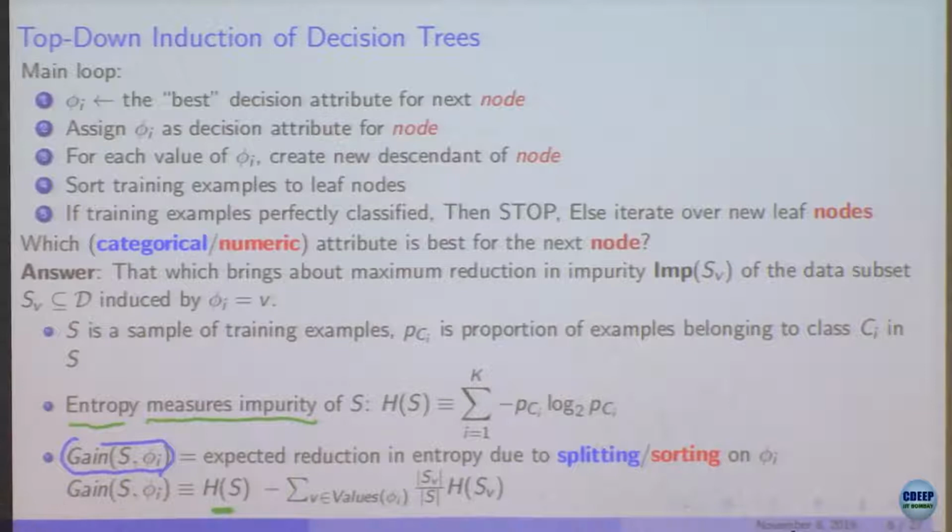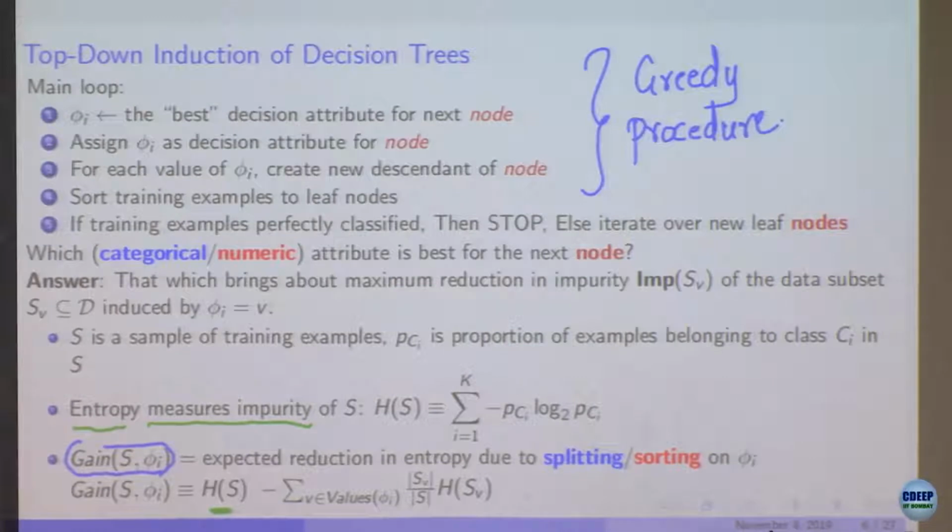This procedure is greedy. It's a completely greedy procedure, not slightly. The optimal way to do it would be to consider each phi I, and for each of these subtrees enumerate all possible subsplits and find the expectation on that full thing.